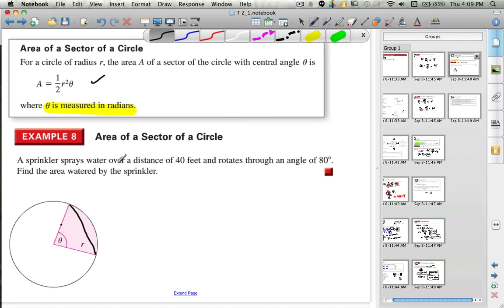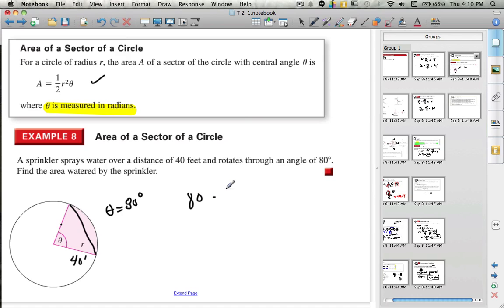Okay, so if I have a sprinkler that sprays water a distance of 40 feet, so my radius is 40 feet, and rotates through an angle of 80 degrees, so theta equals 80 degrees, find the area watered by the sprinkler. Well, again, they gave it to me in degrees, which means I have to convert it to radians. So first I'm going to convert to radians, pi over 180.